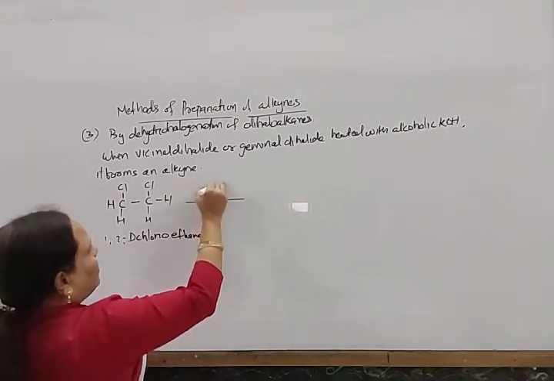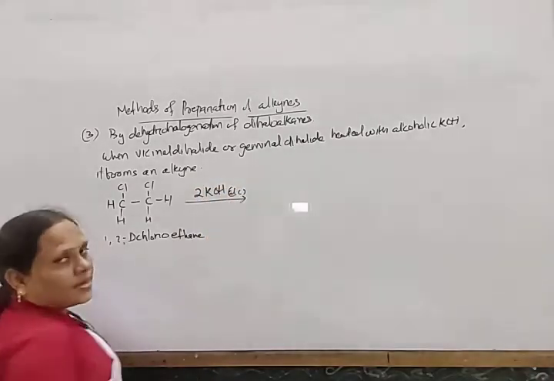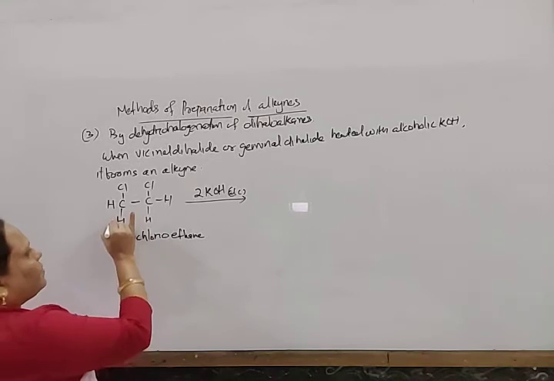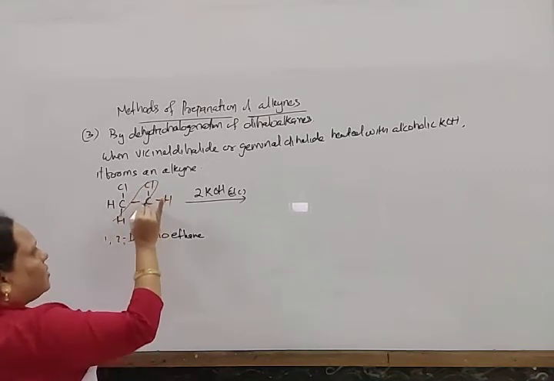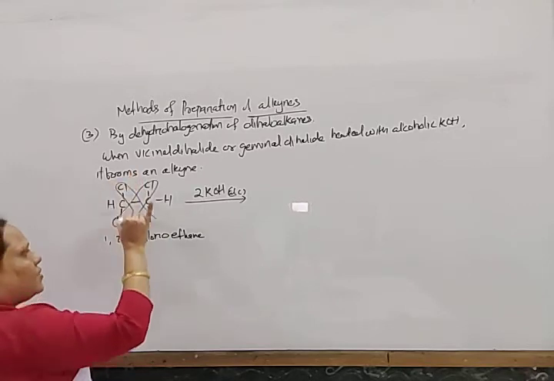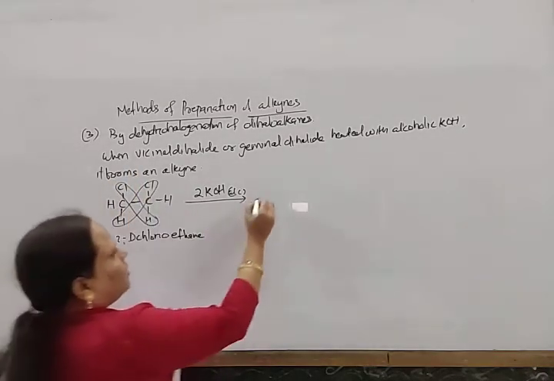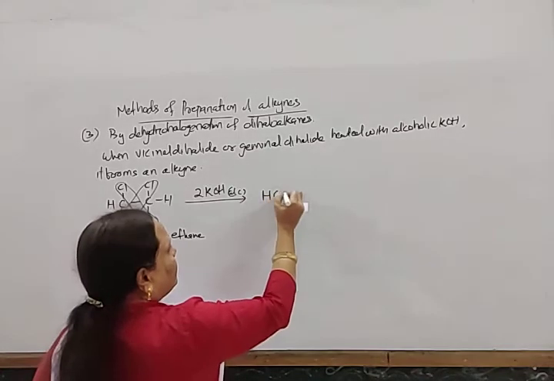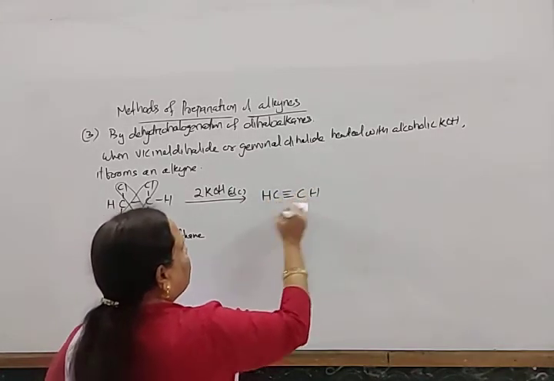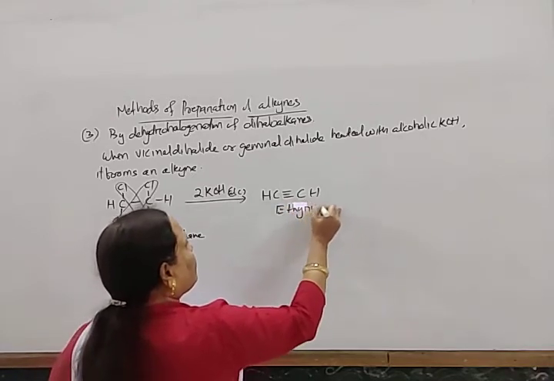When treated with 2KOH alcoholic, first one hydrogen and one halogen are removed from here, and another hydrogen and another halogen from here. In this way, the triple bond is formed. It forms HC triple bond CH, that is ethyne.